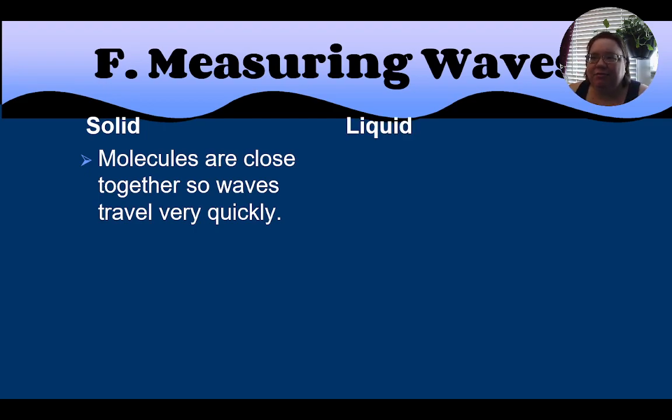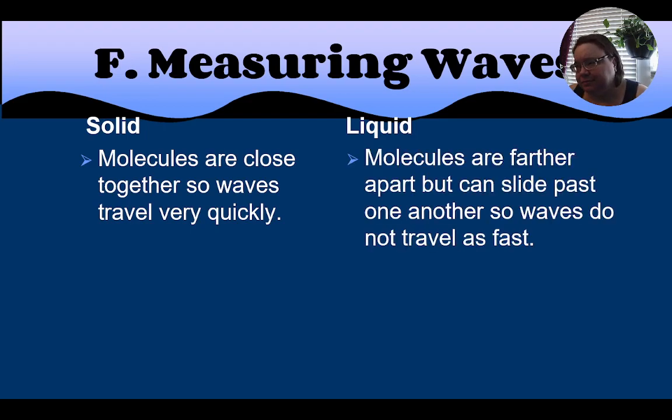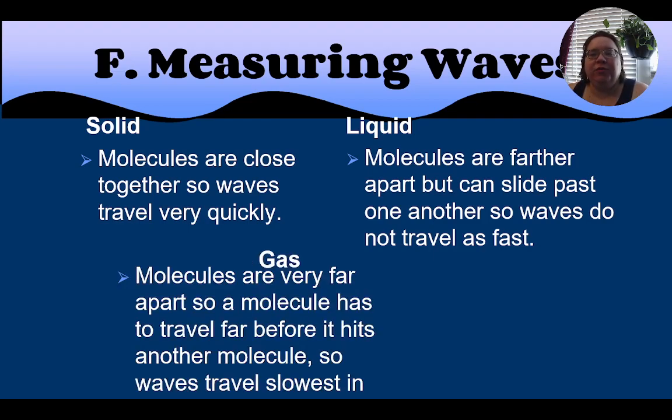In our liquids, it moves a little bit slower because the molecules are spread out just a little bit more. So it takes a little bit more time for the particle to transfer that energy from one position to another. Gases are actually where our sound moves the slowest because the atoms are really, really far apart. So it takes a considerable amount of time for one particle to hit another.